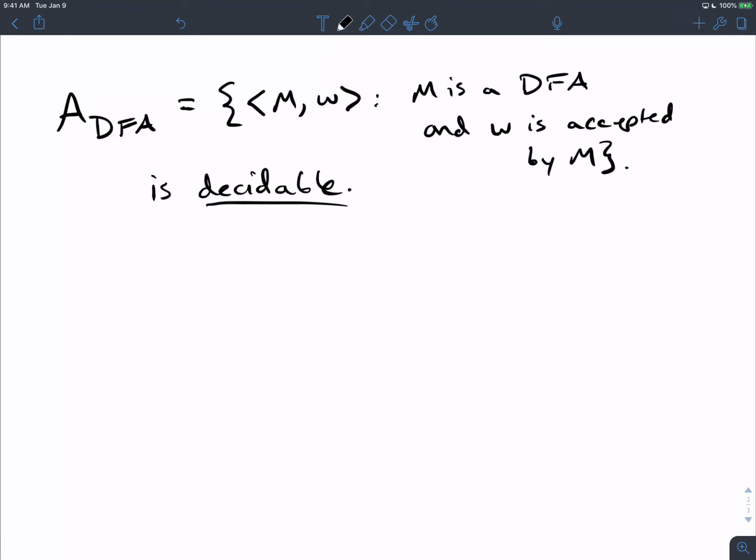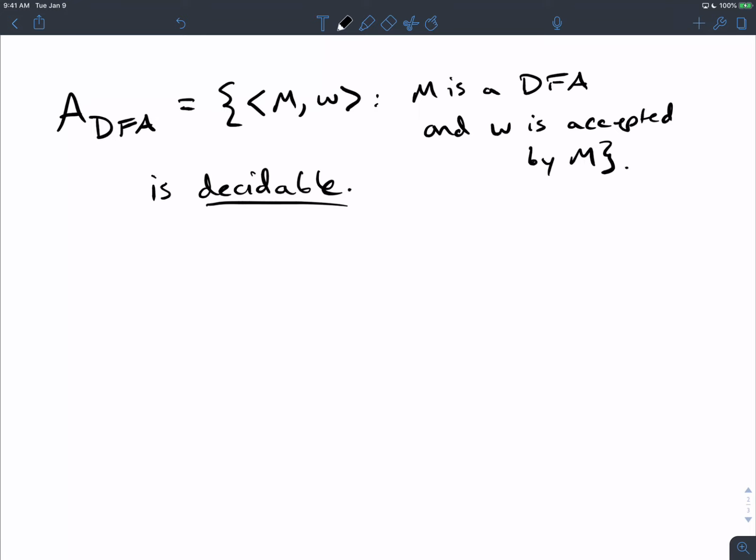So we keep track of what state we were in and what character we were reading along the way, and we're just marching through the input W. We have to go back and check in the machine itself what the transition to do is, but the input is only finite in length anyway, so we can do this check in a finite amount of time, because all we have to keep track of is the state and the character we're looking at. Okay, does that make sense?